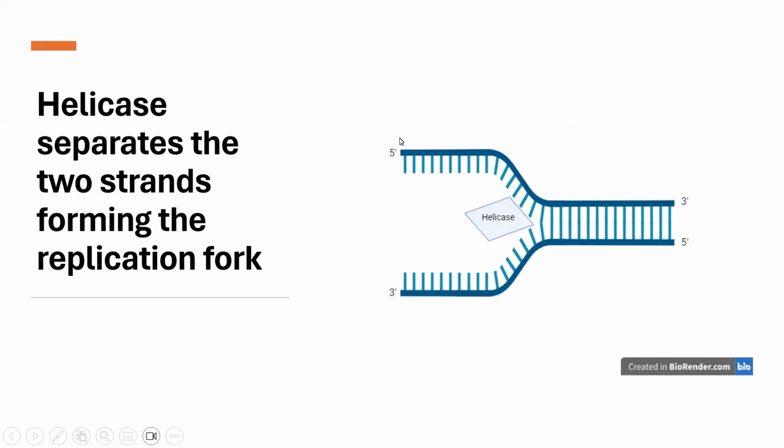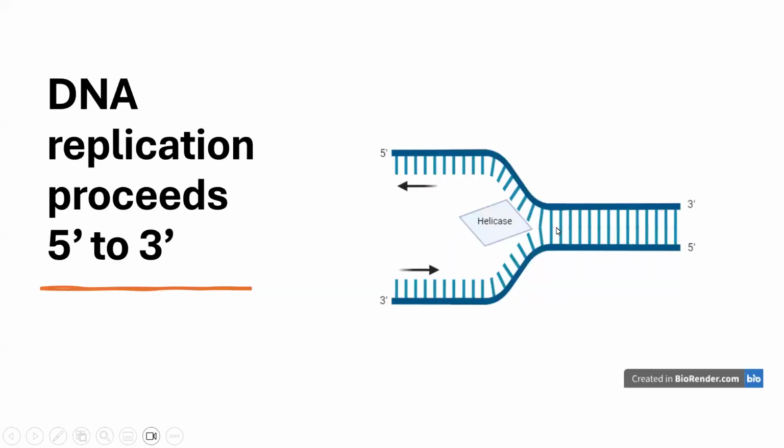Now, this top strand up here, we've got 5' to 3', and on this bottom strand, we have 3' to 5'. And so DNA replication proceeds in that 5 to 3 direction. So in this top strand, when you add new bases, they're going to be anti-parallel.